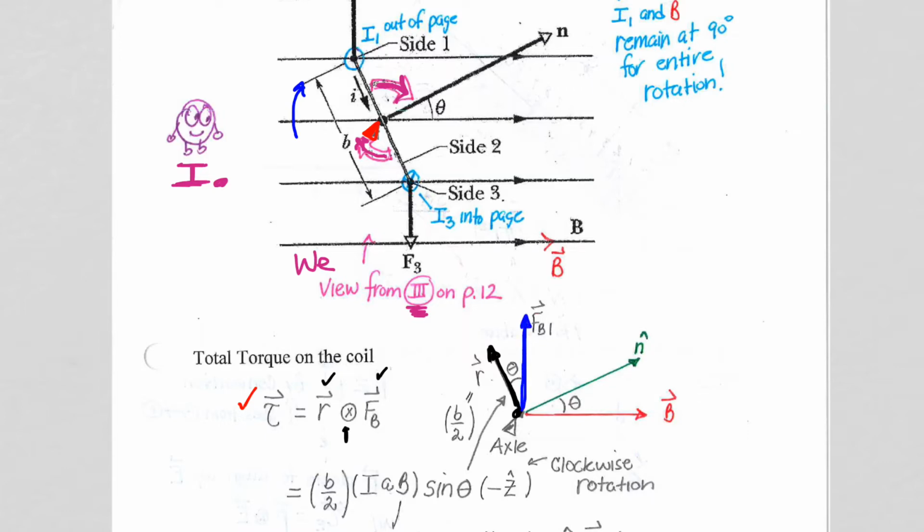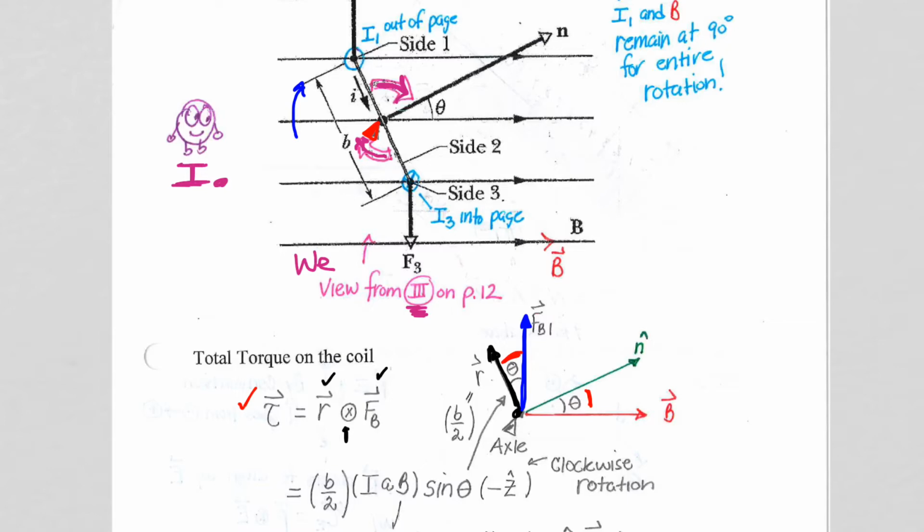And the angle between the R vector and the F vector, as the coil is going to rotate from flat to 90 degrees up, the angle theta in the cross product is this angle theta. Now notice we are going to see in a moment that that angle theta is going to be the same angle theta that the n hat vector makes with the B vector.